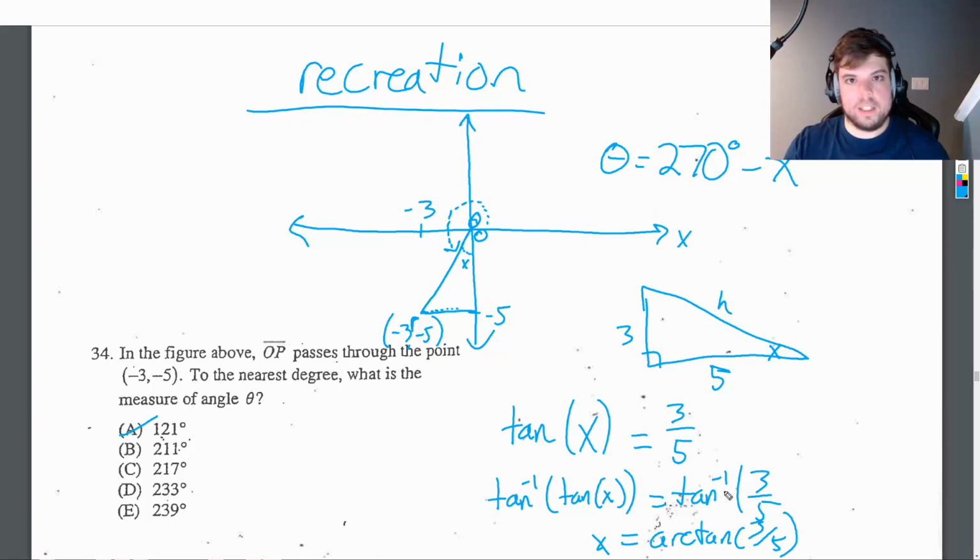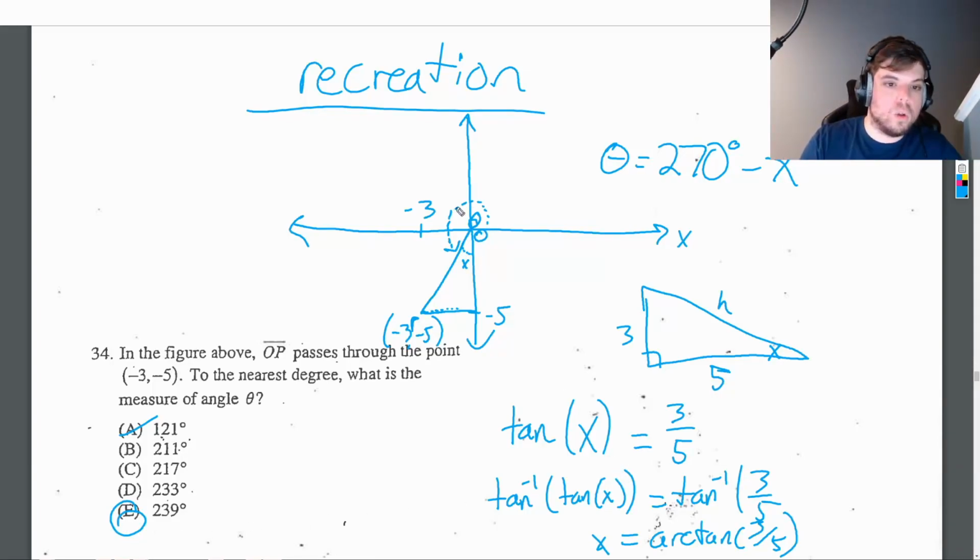You can be in radians or degrees. It's just going to give it to you in radians or degrees. I would prefer to look at this in degrees. So the degree measure of that angle is 30.96. We do 270 minus that answer, 239, which means our answer is E.